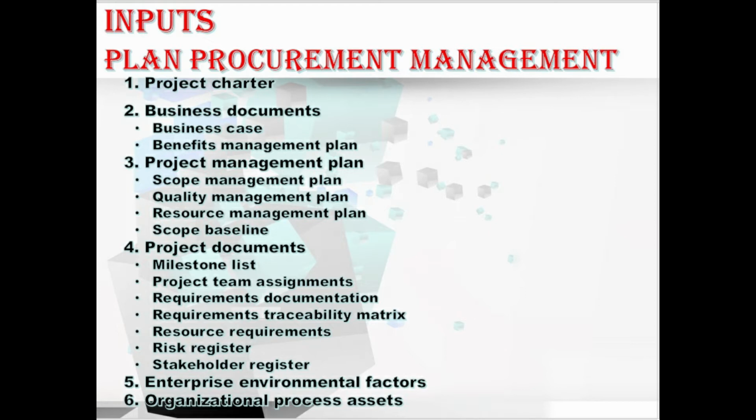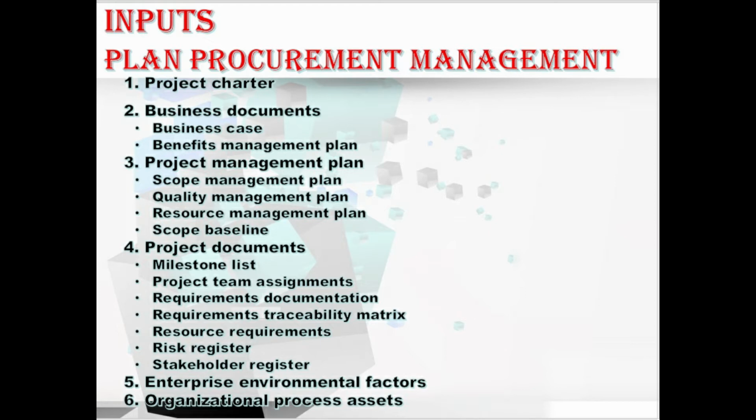Moving to the next input, we have the EEFs, that is enterprise environmental factors. The EEFs may include the market conditions, the products, services, and results that are available in the marketplace. It may include the sellers, including their past performance or reputation, or the legal advice regarding the procurements, or the contract management systems that include the procedures for contract change control.